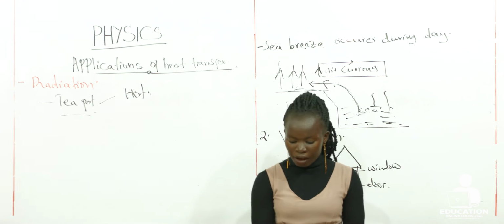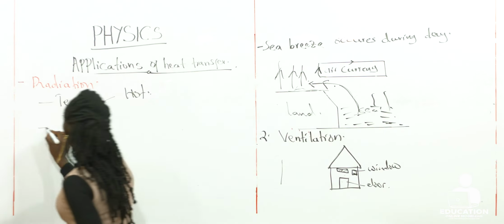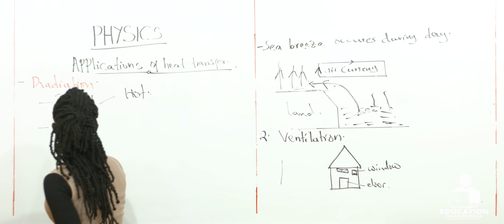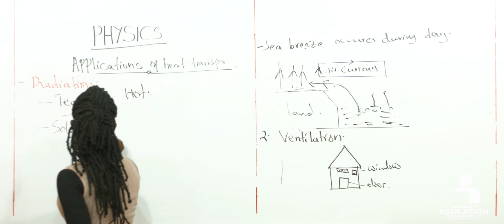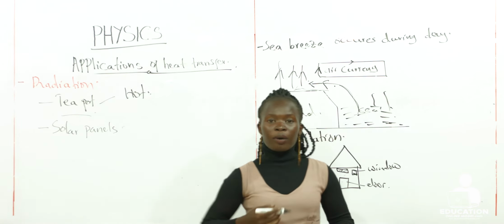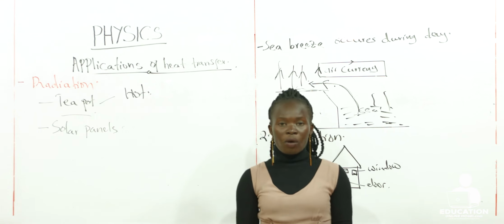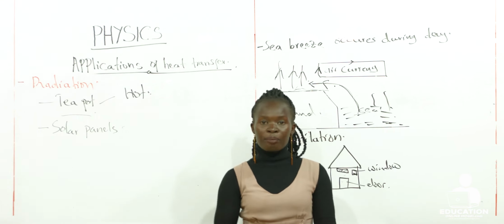So we also have the solar panels. We apply this on the solar panels. You find that solar panels are polished what? Solar panels are actually dark. Why are they dark? They are black.